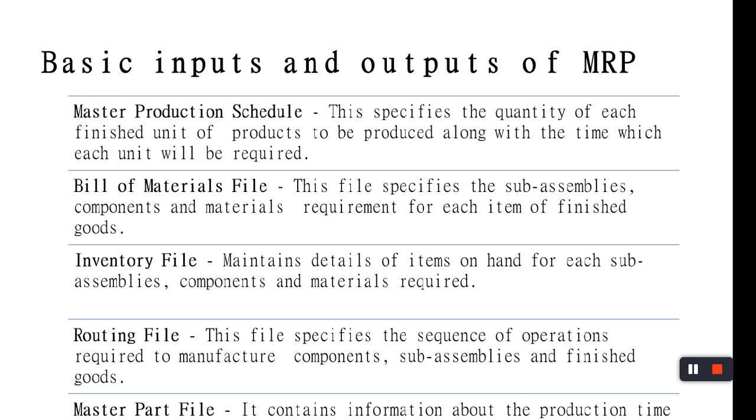And then the lead time of the raw materials that we have just ordered from our suppliers. When we say lead time, it is the time from when we place the order with our supplier until such time that we receive our orders from the suppliers. So that is our master part file. All of the information I have mentioned will be contained in the master part file.